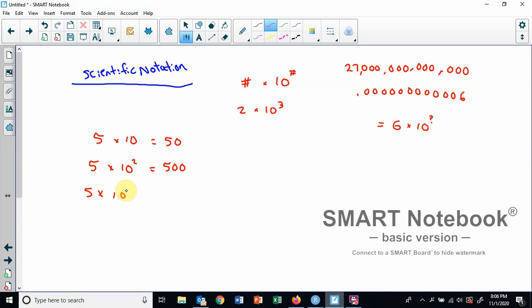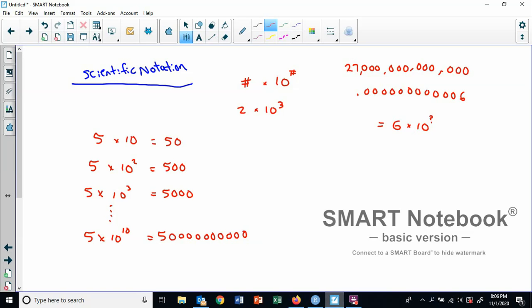And I think you catch the pattern. 5 times 10 to the third, that would just be adding 3 zeros onto the end. And so I could do this as long as I wanted, as big as I want. It doesn't matter. 10 to the 10, it would be 5 with 10 zeros. 1, 2, 3, 4, 5, 6, 7, 8, 9, 10. And so all we're doing is multiplying by a number of tens. Well, multiplying by a number of tens just makes the number bigger by throwing zeros on the end.